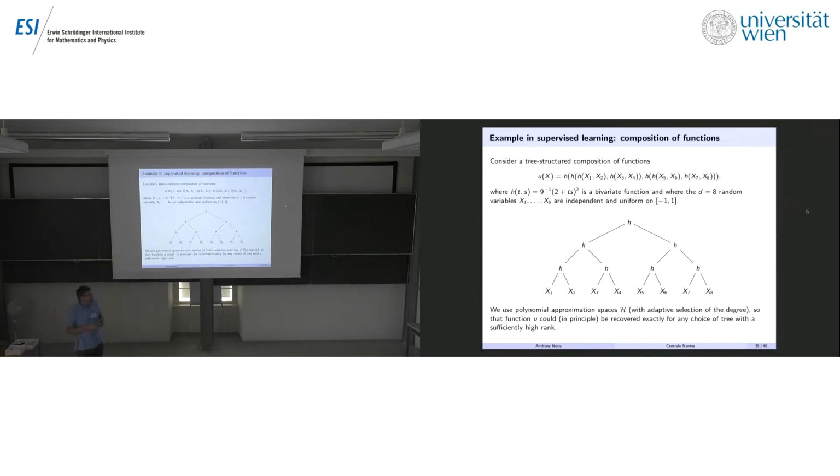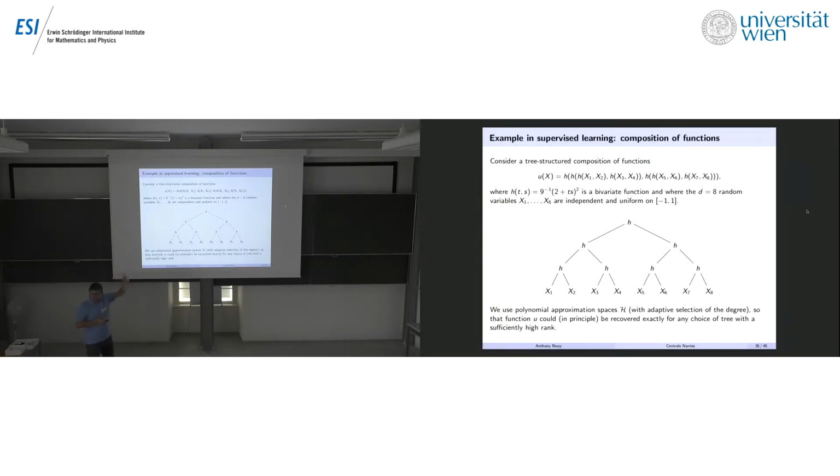First, in a supervised learning setting where we consider this composition of functions I have introduced before in the approximation part. So here I compose, for simplicity, always the same bivariate function h, which is given here. It is a very simple example where the function is polynomial.